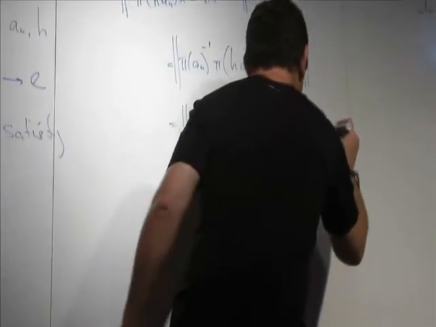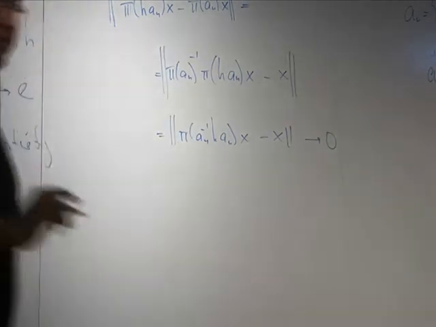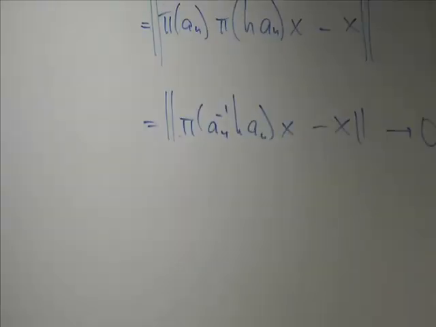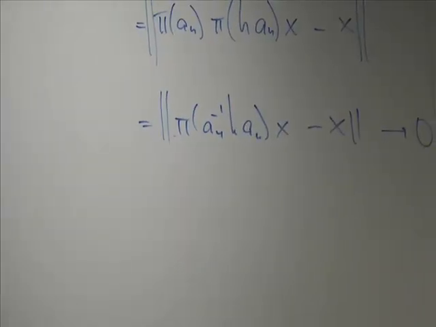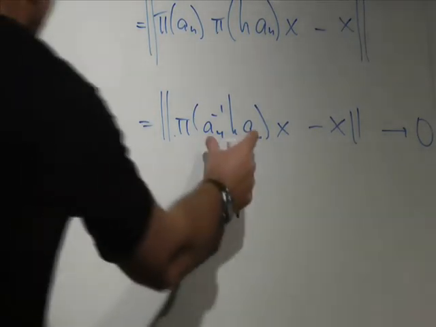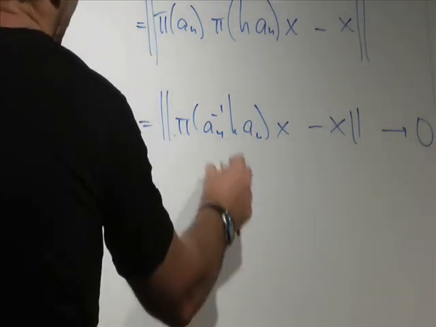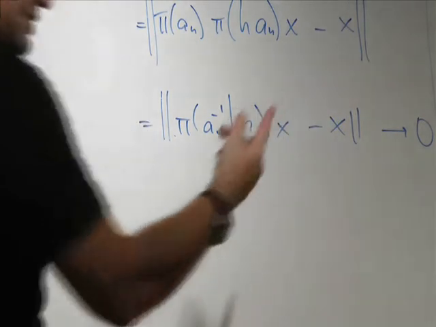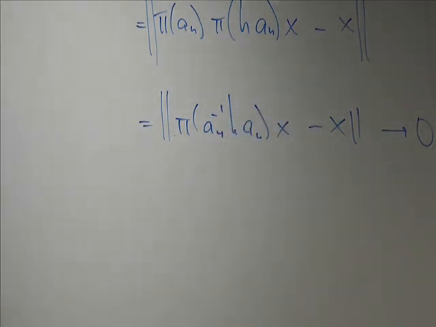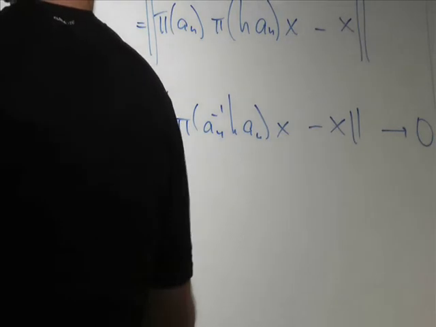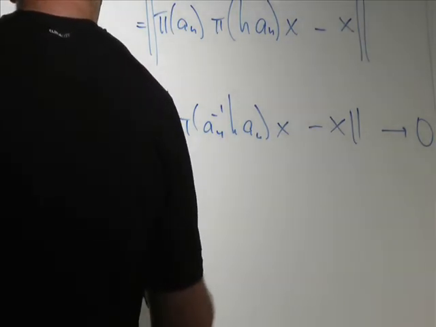And the thing is that this goes to 0, because my representations are continuous in the strong topology, remember? We have a sequence going to the identity, then every vector by this sequence gets more or less to itself.